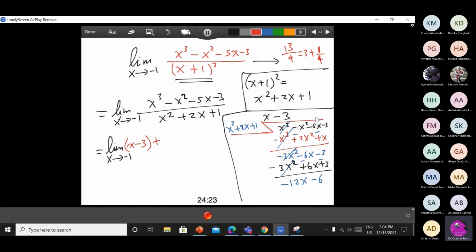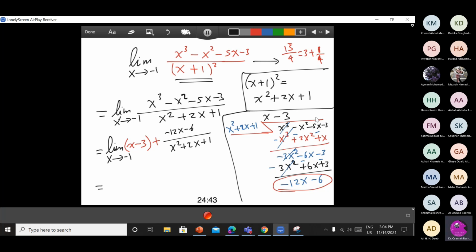This is exactly what I'm going to write. So the remainder is minus 12x minus 6 over x squared plus 2x plus 1.